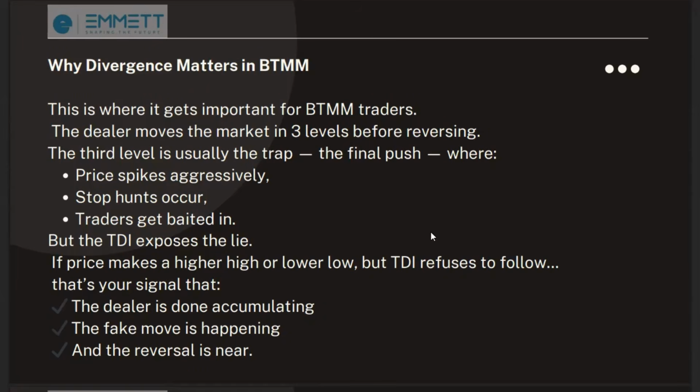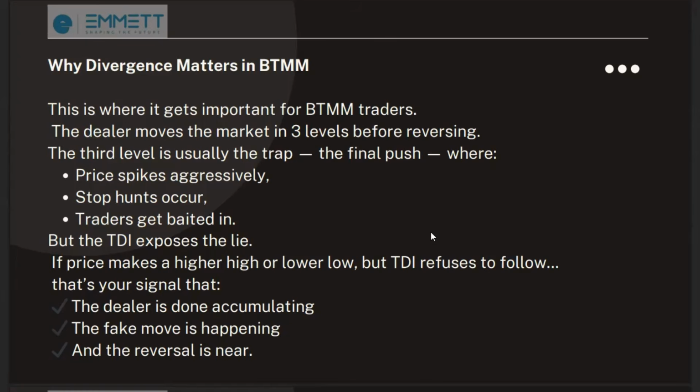That's a fake move happening at that moment, and what you should now expect is a reversal just around the corner.